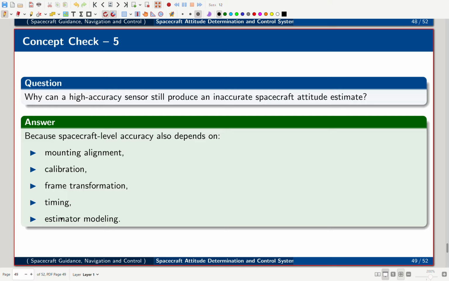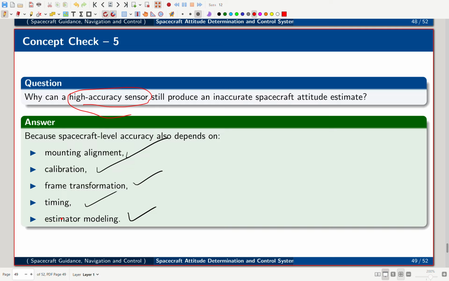And why can a high accuracy sensor still produce an inaccurate spacecraft estimate? Because spacecraft-level accuracy also depends upon mounting alignment, calibration, frame transformation, timing, and estimator modeling.